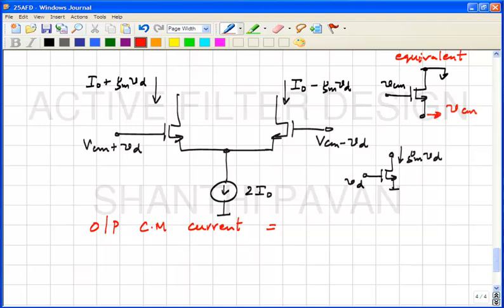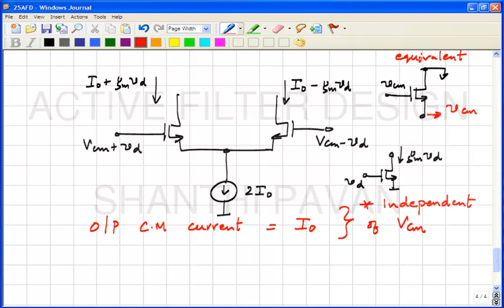It is simply I naught. Okay. All right. And does this depend on the common mode voltage? The important thing is that this is independent of VCM.